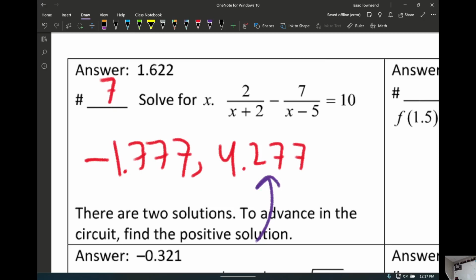What did you get? Did you get 2.067? Let me see. Yeah, that should be fine. That should work.